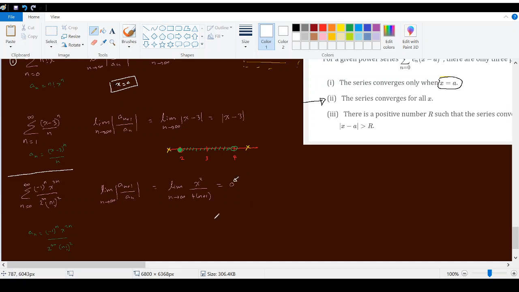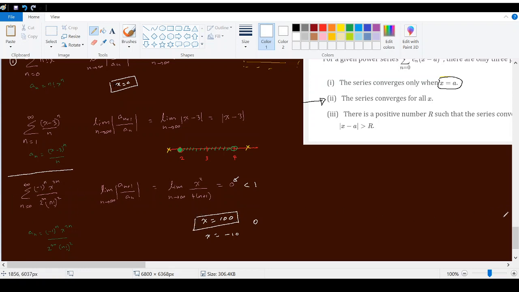So that means no matter what x we use, even if it is negative or positive or 0 or whatever, you will get 0 as the limit. So since this is less than 1, from the ratio test you can say that for any value of x, this series will converge.